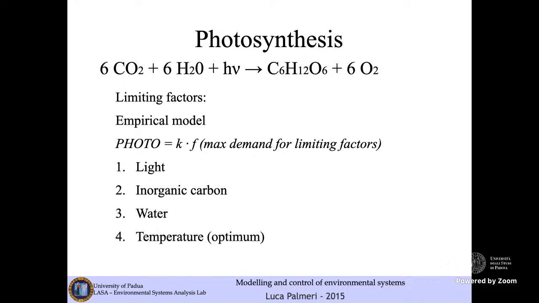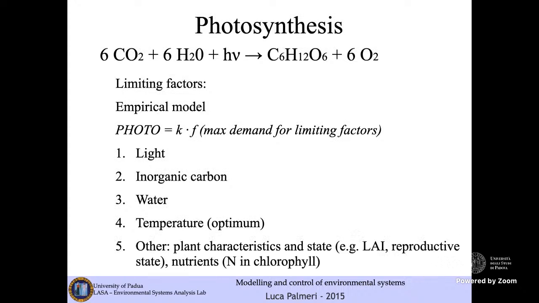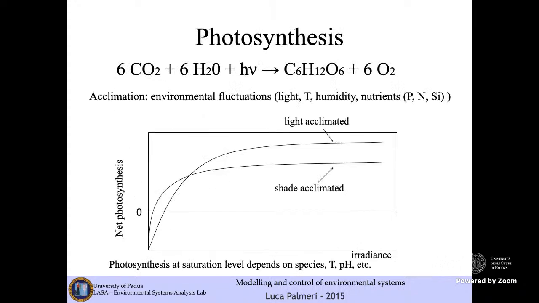There is an optimum effect due to temperature, as we will see soon. Temperature has a relevant effect on the proceeding of all biological processes. And then there are other plant characteristics and states, for example, leaf area index or reproductive state, the presence of nutrients, like nitrogen in chlorophyll, and so on. These are all limiting factors.